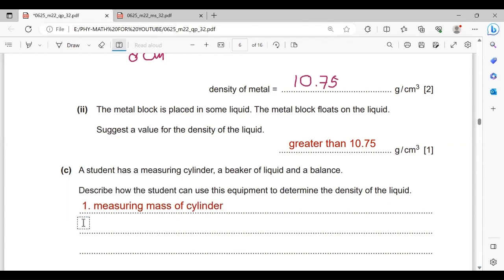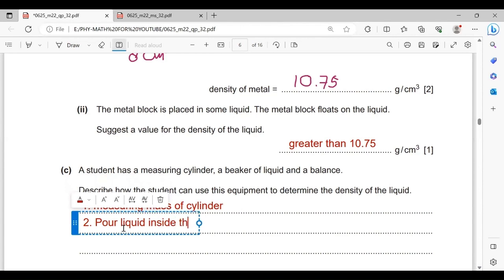And then pour liquid inside the cylinder and measure the mass. Okay.